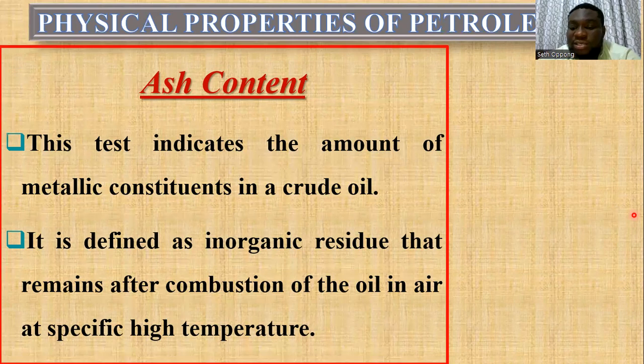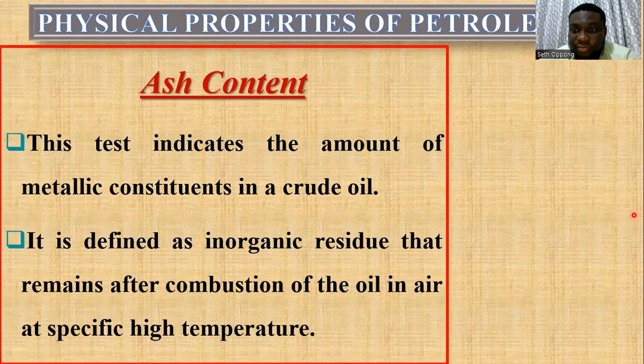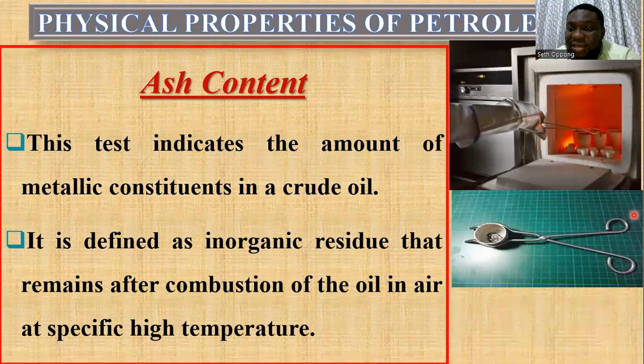So the way to determine the amount of substance or residue or pollutant in crude oil is through the ash content. In the ash content test, the crude oil is put into a crucible, kept in a furnace and then heated. As it's being heated, the crude oil will evaporate and leave the residue at the bottom.